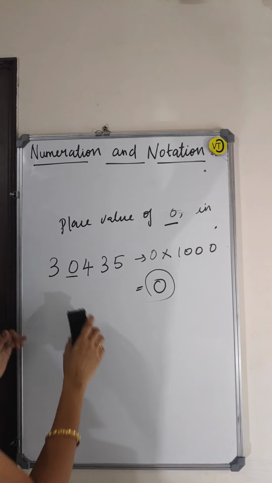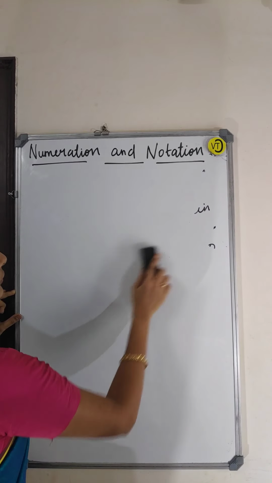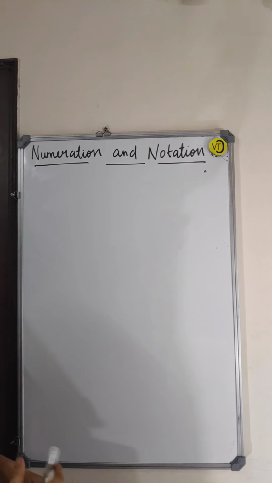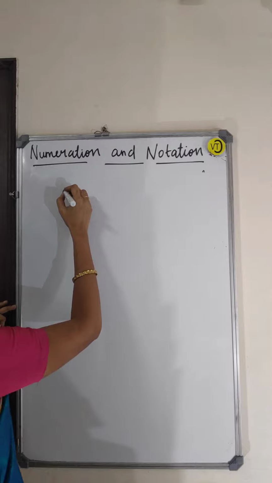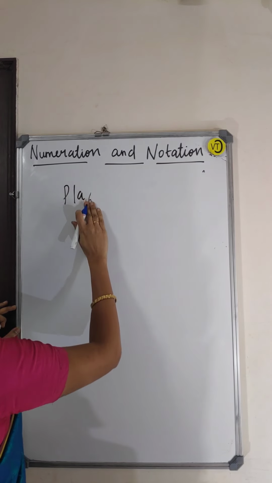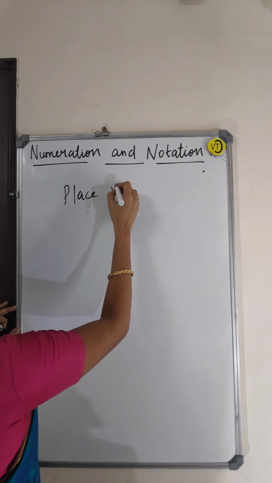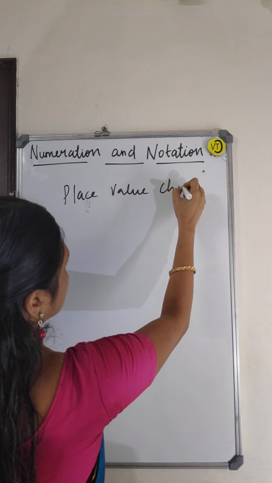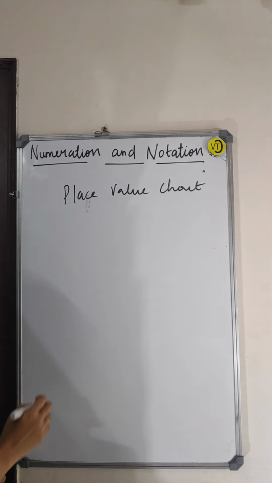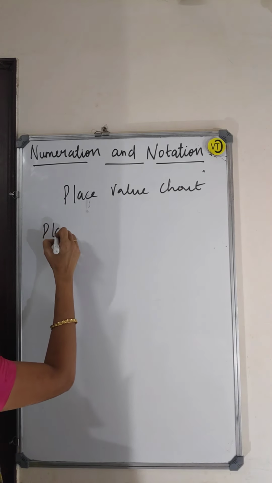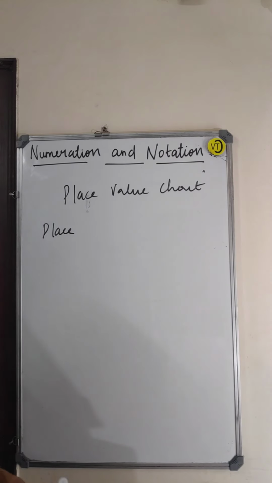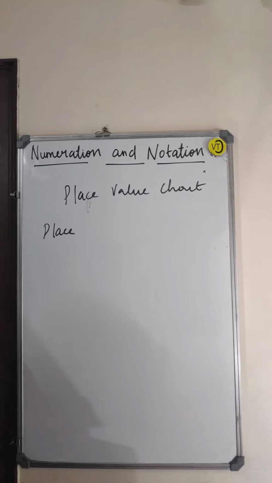The next is place value chart. First of all, I am writing the places here. How many places do you know?